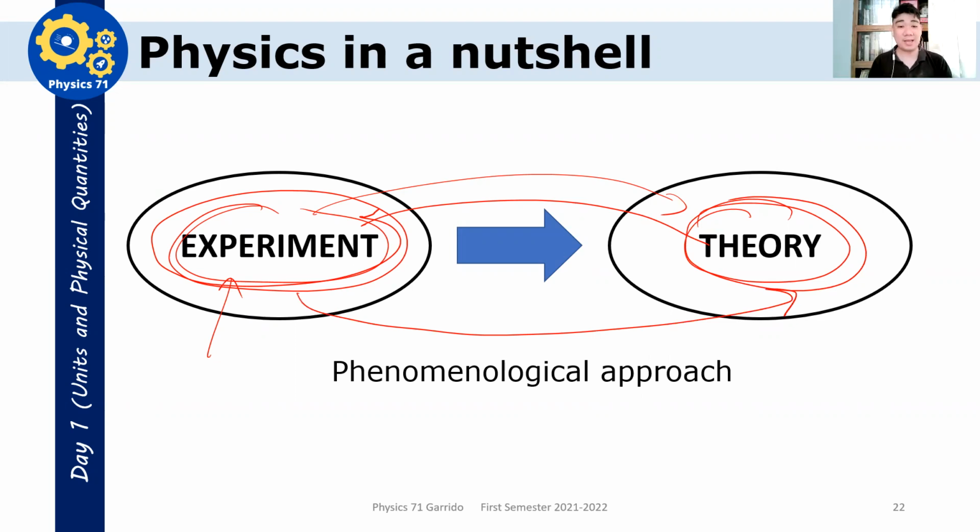Kaya parang kumbaga, may isang event na maraming explanation. Your theories are your explanations, and your experiment will check which among these explanations is the correct one. Is that clear? This is in the frontier sciences. Hindi lang naman sa physics to. The theory that will verify the behavior is the one that's correct. Clear ba yon? Yes, sir.